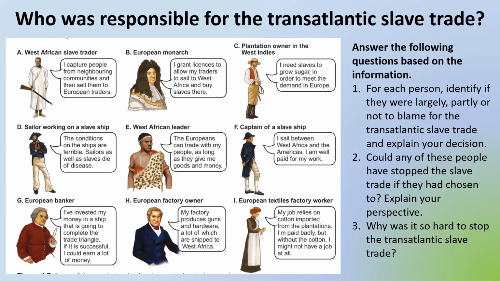And finally, why was it so hard to stop the transatlantic slave trade? Really have a look at how each of these different people rely on the slave trade for their job, for money, for goods. Why, therefore, would it be hard to stop the slave trade?